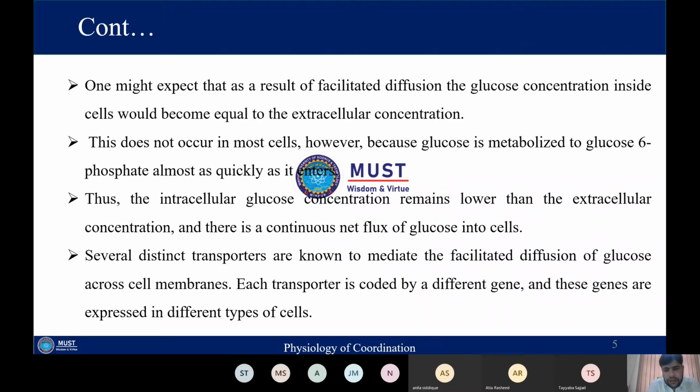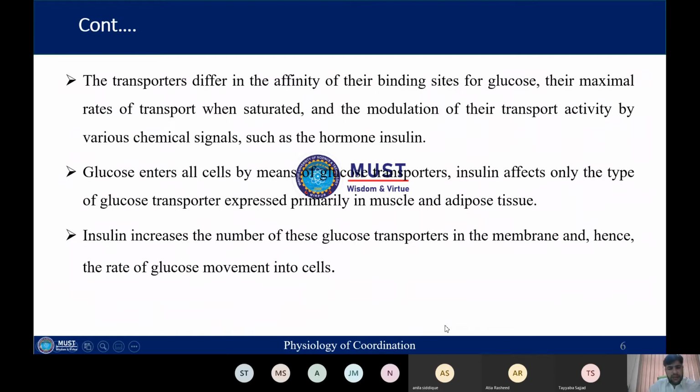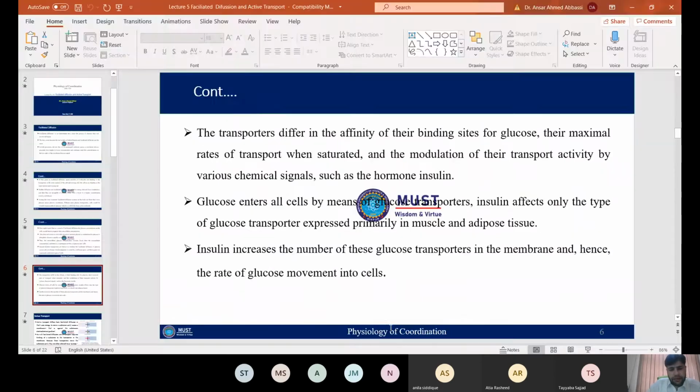So intracellular glucose concentration will always be lower compared to the extracellular concentration. Although there is a continuous flux of glucose into the cell, all those glucose molecules being transported from the extracellular side to the intracellular side are metabolized and converted into glucose 6 phosphate.